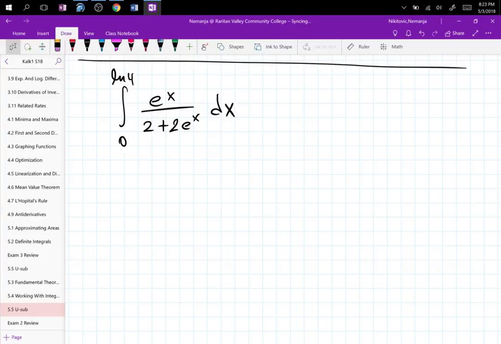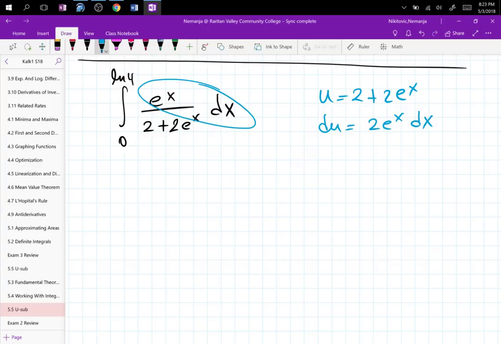So the function should be in the denominator, and its derivative, which produces du, should be on top. So that helps us make the choice that u should be 2 plus 2e to the x. And the derivative of that, du, is 2e to the x dx. Now, we're happy that we at least have e to the x dx.